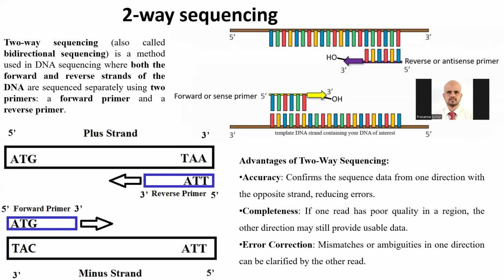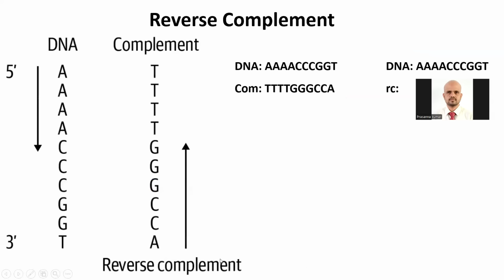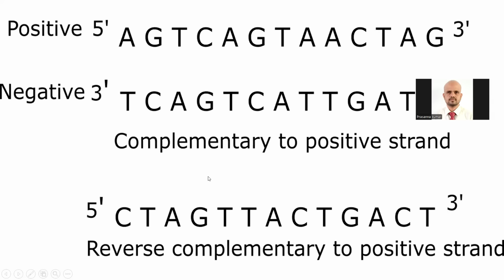I hope this picture is very clear. One strand is the forward strand, the other is the reverse strand, so you will have two machine output files for analysis. Before we proceed, I just want to recall again, what is this reverse complement?